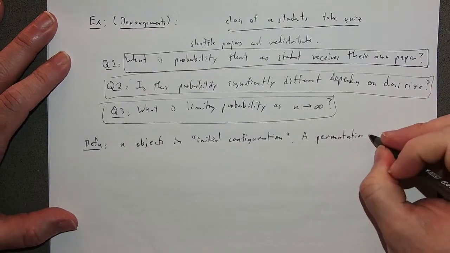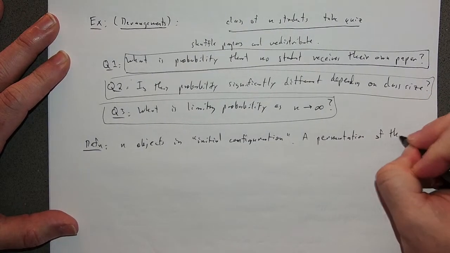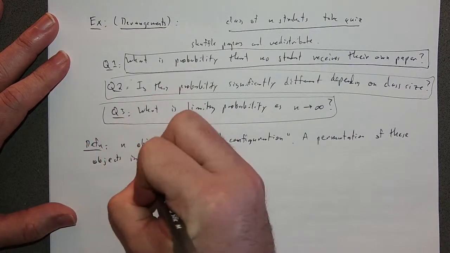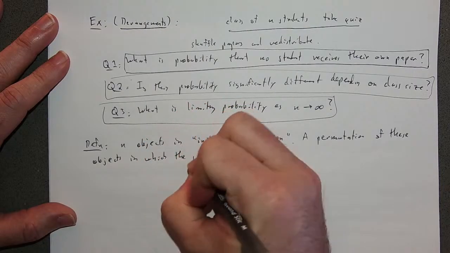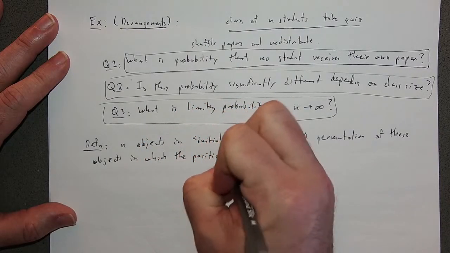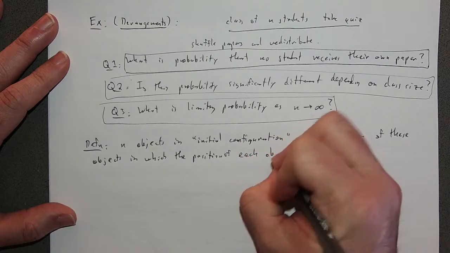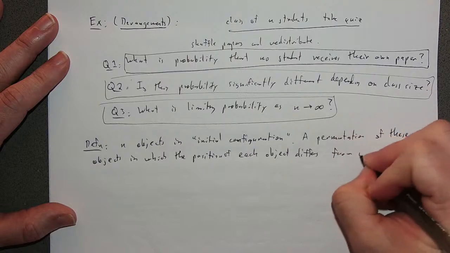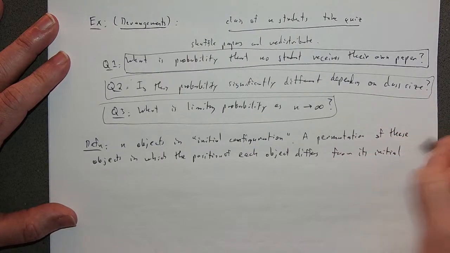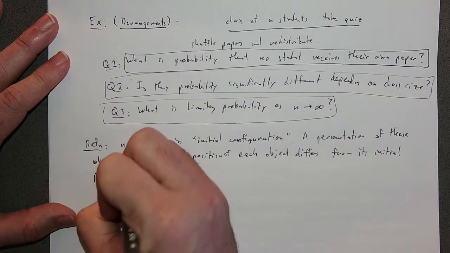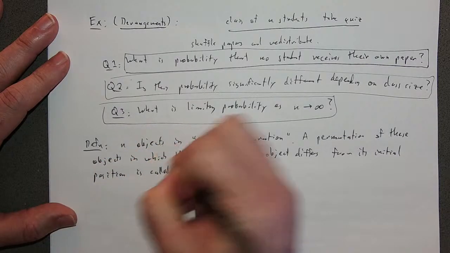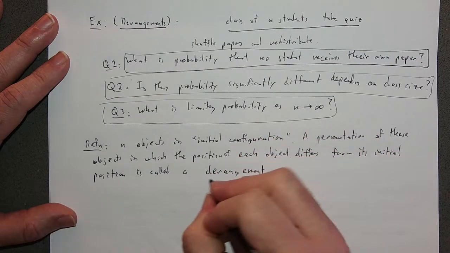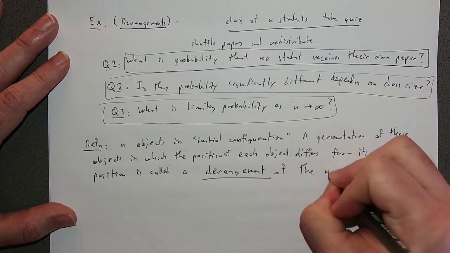A permutation of these objects in which the position of each object differs from its initial position is called a derangement of the n objects.